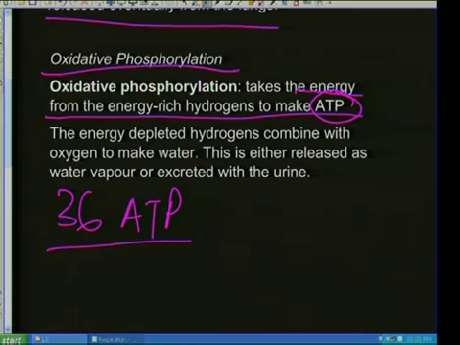So from one glucose, 2 from glycolysis, plus 36 from the end of Krebs cycle or oxidative phosphorylation, gives you a total of 38. Now, where is 38 ATPs and where is 2? Can you see the difference if the second part of respiration does not take place? How little energy you're going to get. And consider that when we talk about something a little bit later.